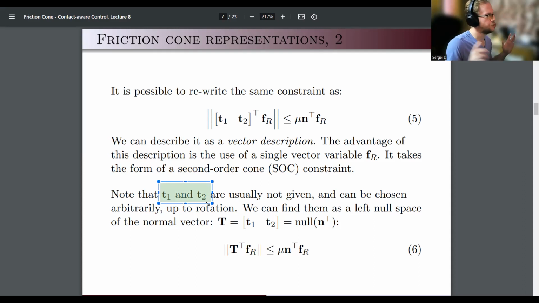For example, you can know that the surface is horizontal, and then N is vertical. Or you can get a point cloud description, which would naturally produce normals. Those are typical situations. T1 and T2 you would usually not have, because they're arbitrary.